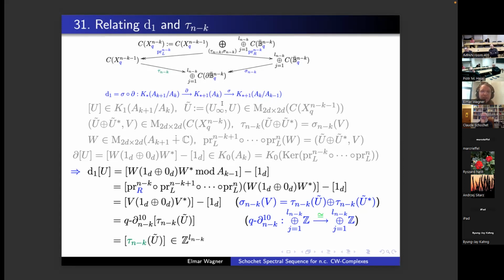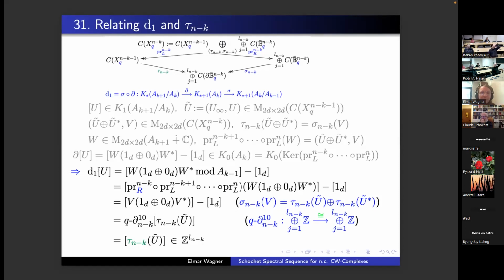So if you project down, then in the K0 theory, U is a unitary matrix in the K0 of the A_K. We have to project down, so you have to take mod A_{K-1}, and these V's are part of the construction. These V's were lifts of the maps.